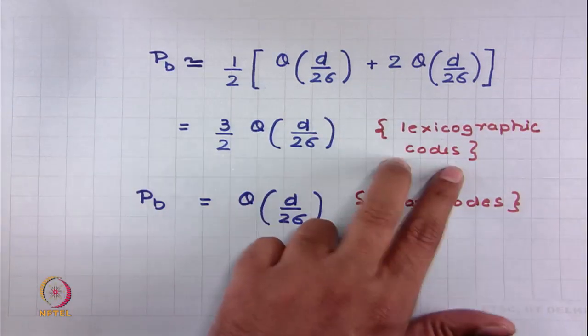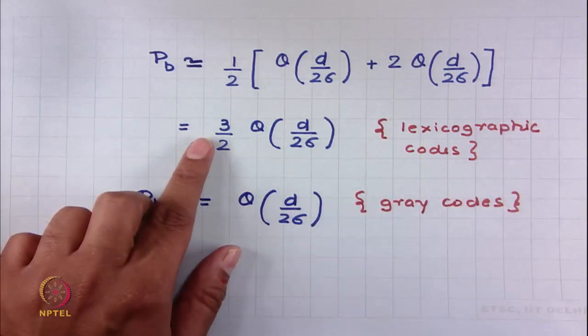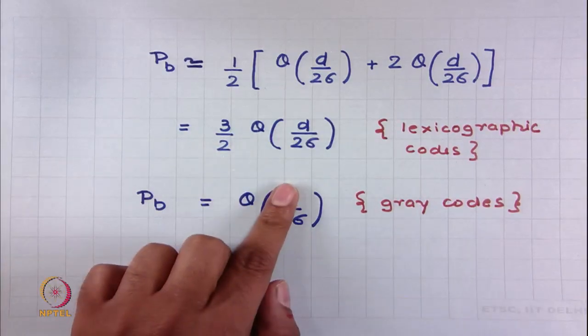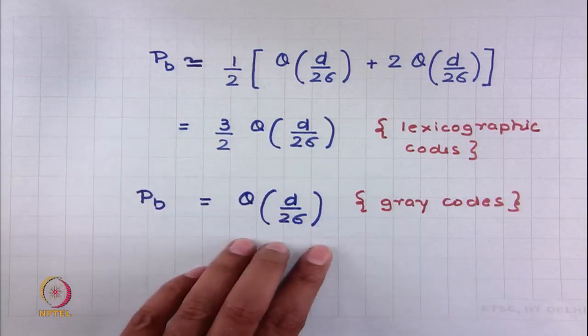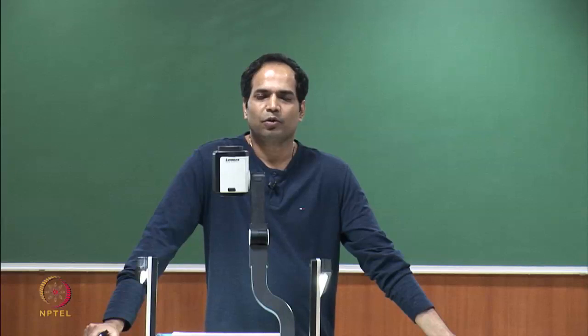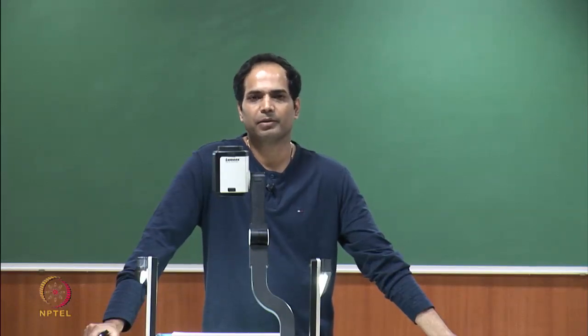So, in lexicographic coding, you have got a probability of bit error of 3 by 2 times Q of d by 2 sigma. This is a factor 1.5 times larger than the bit error that you got in the Gray coding approach. Though it is not a proof, it of course conveys the idea that Gray coding should be used while assigning the bits to the symbols.